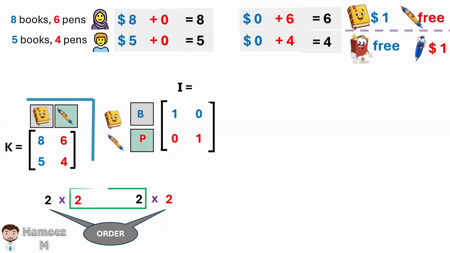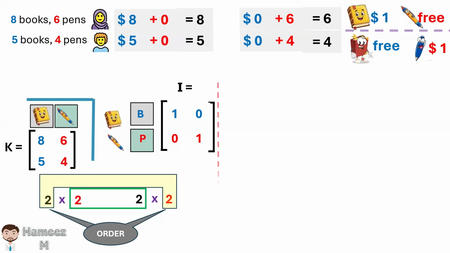So we have a 2 by 2 matrix multiplied by a 2 by 2. As you see, the internal numbers there are the same. So we have them circled in a green rectangle so that you can see that they work. And the answers will be a 2 by 2, 2 rows by 2 columns. So we're going to get 4 values.